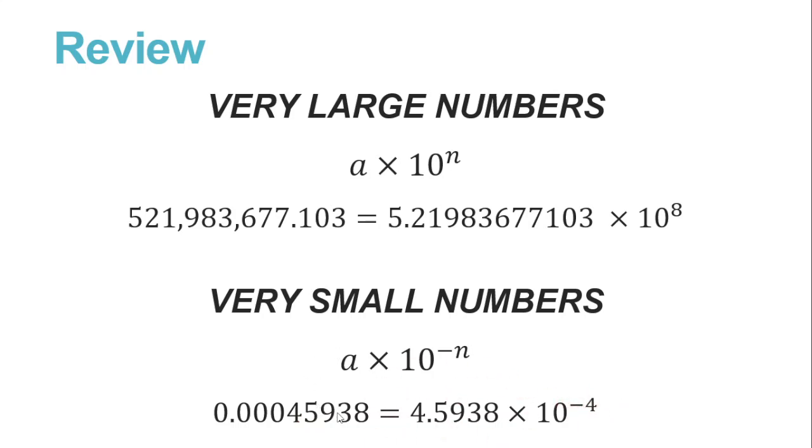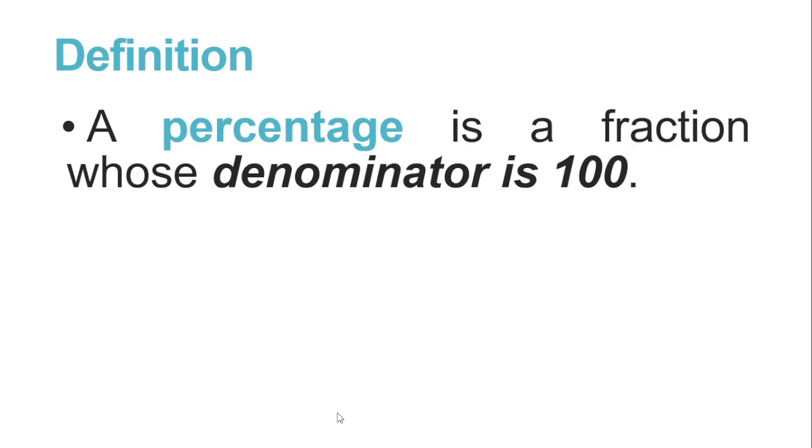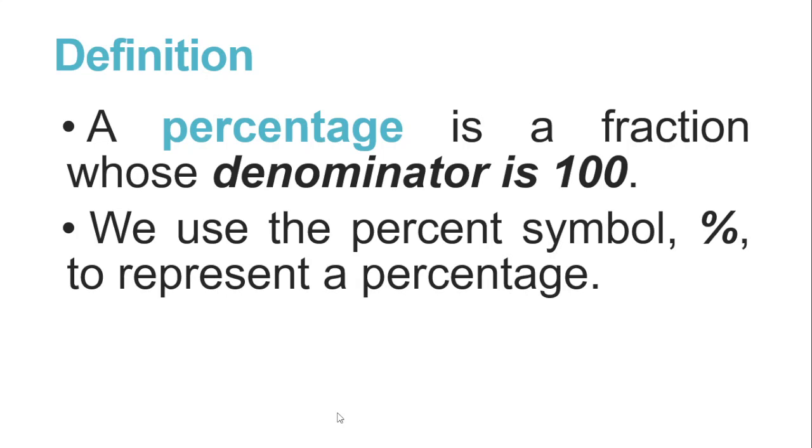Okay, so let's move to the definition of a percentage. A percentage is a fraction whose denominator is 100. When we say per, that's like 100, or percent. The most common symbol to represent a percentage is this. You're probably familiar with that.